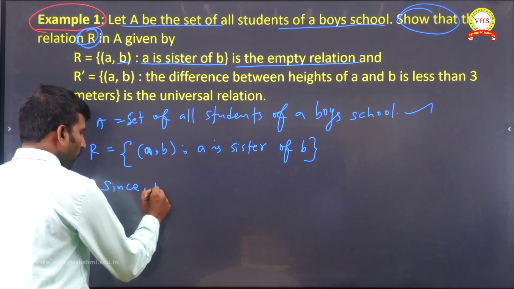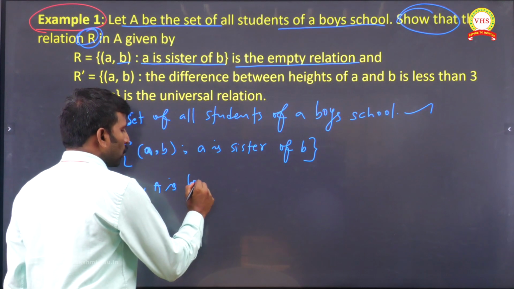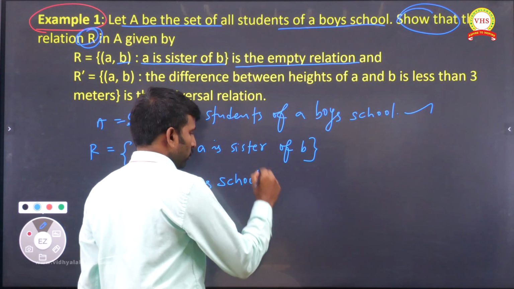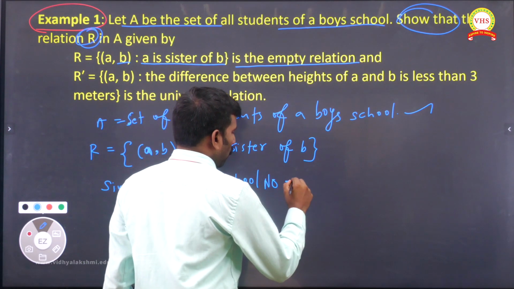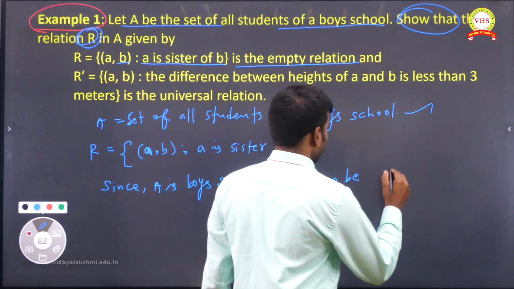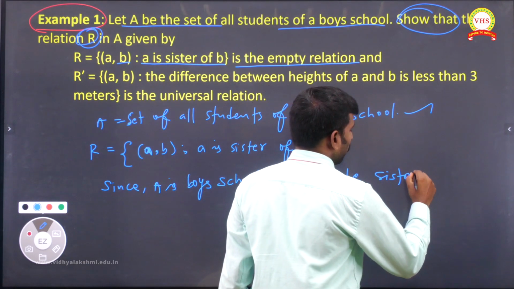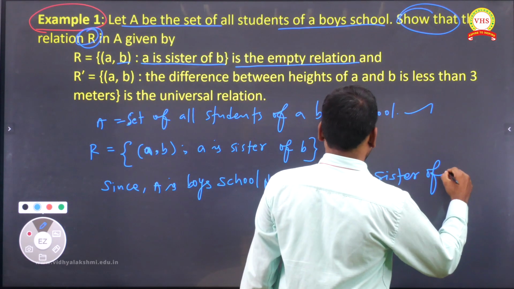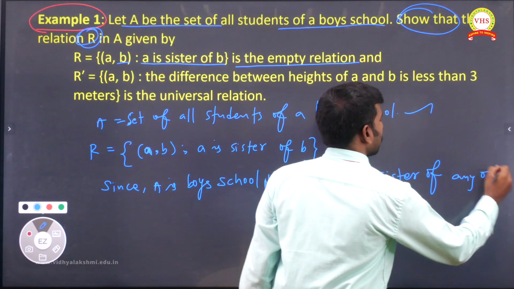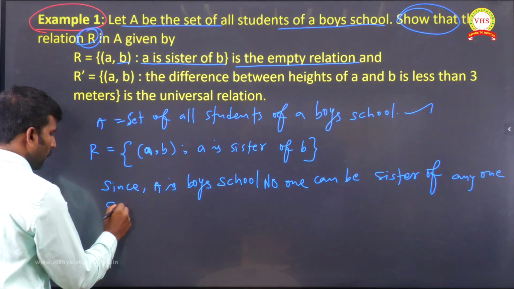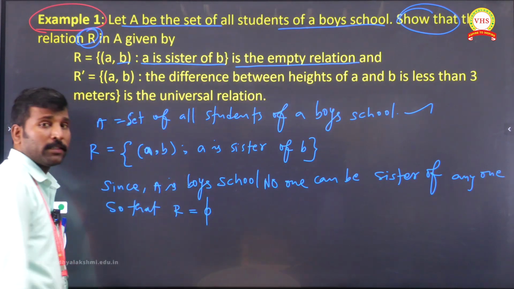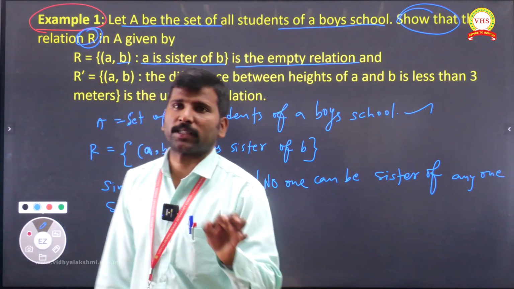Since A is a boys school, no one can be a sister of anyone. So R is equal to what here? Empty. No one can be a sister of anyone.